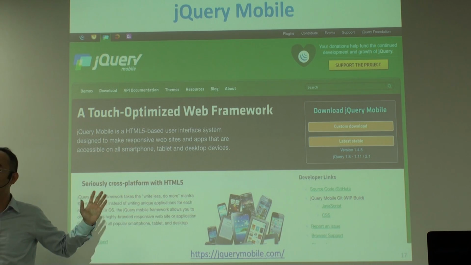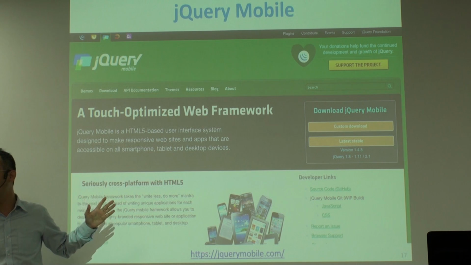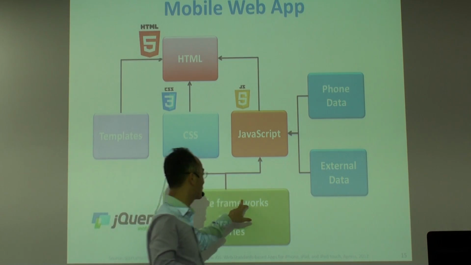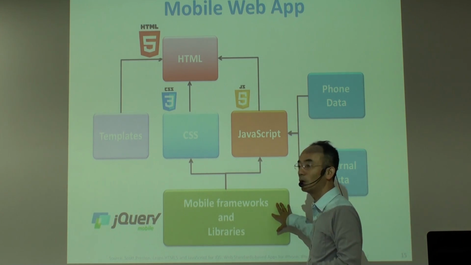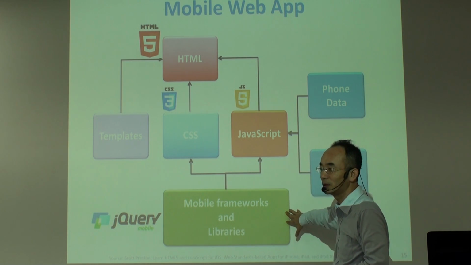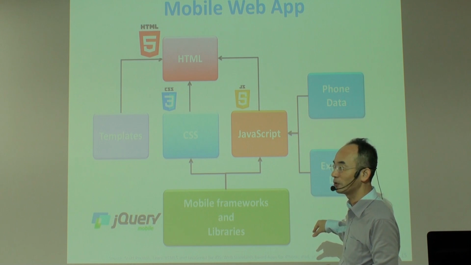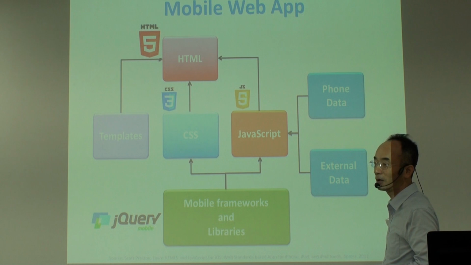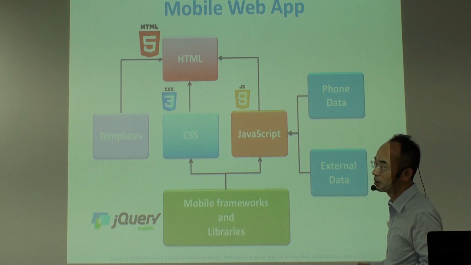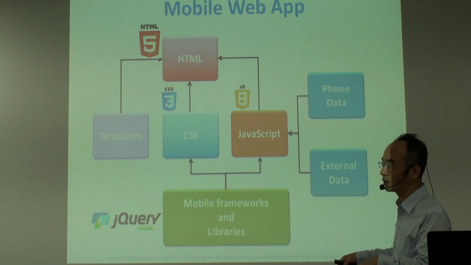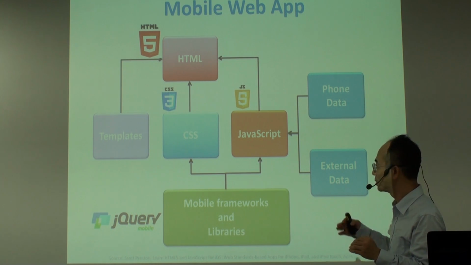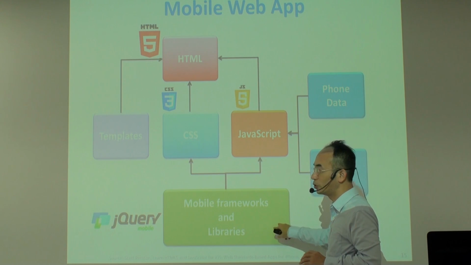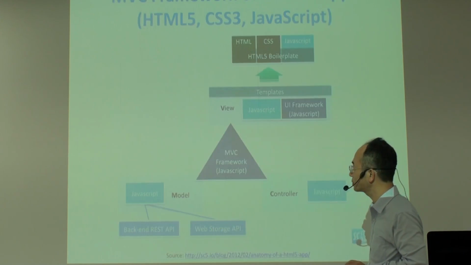These are all fundamental JavaScript frameworks and libraries for mobile or web. It's a collection of libraries you can choose from. You can find out which platform you prefer. But in this course, we recommend the most famous one, called jQuery Mobile.